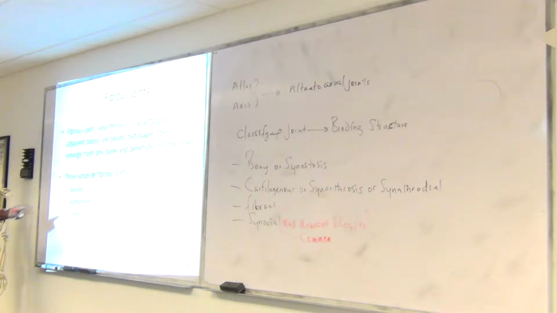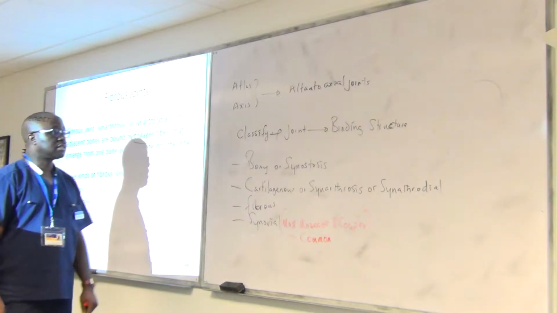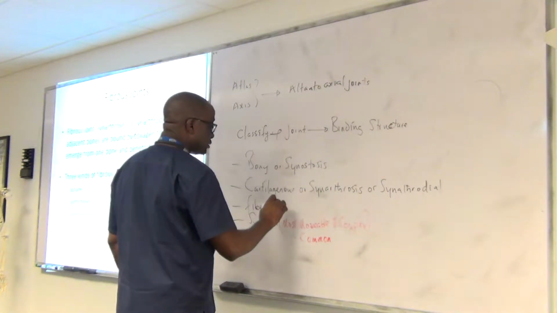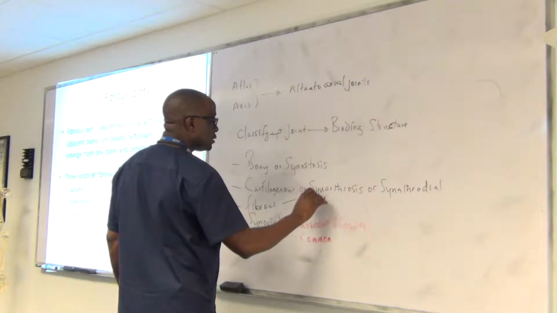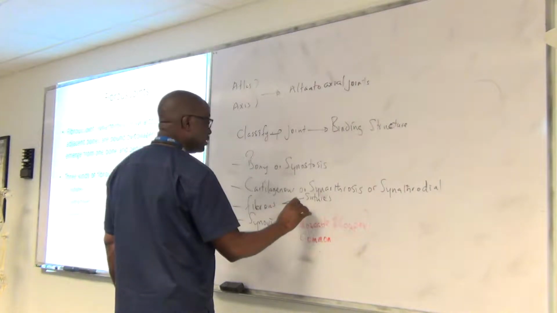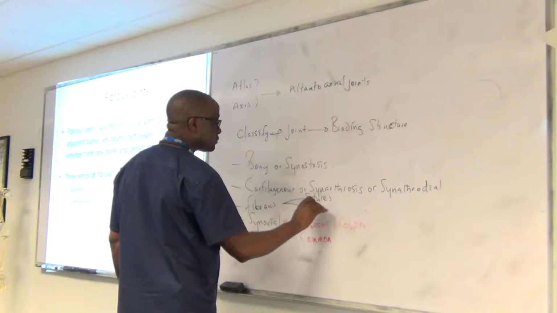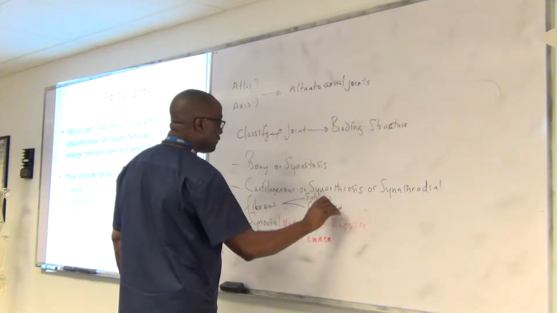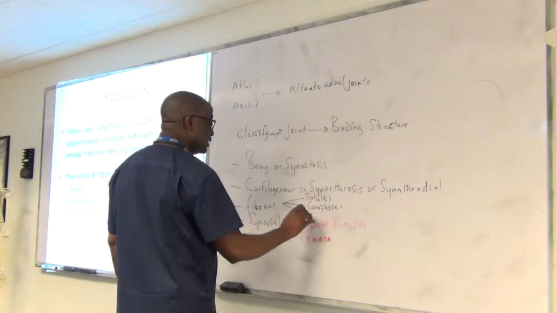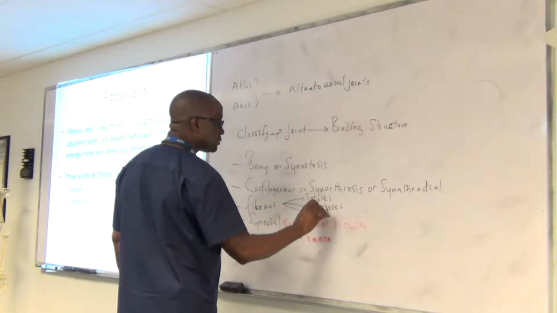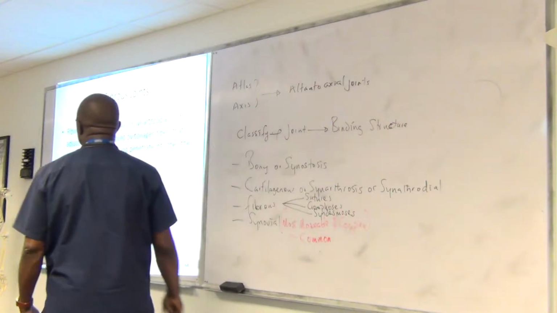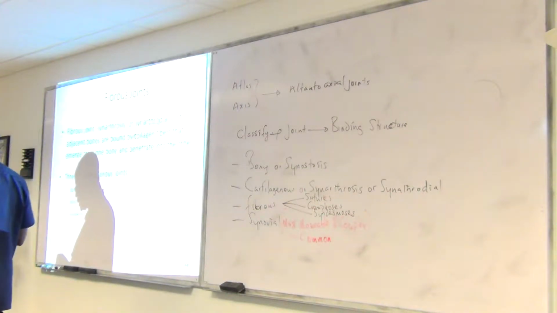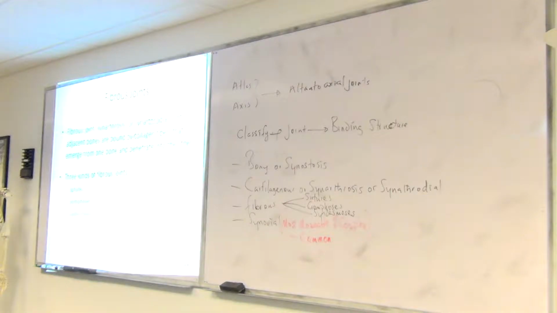All right, so we have three types of fibrous joints. We have the sutures, the gomphosis, and the syndesmosis.